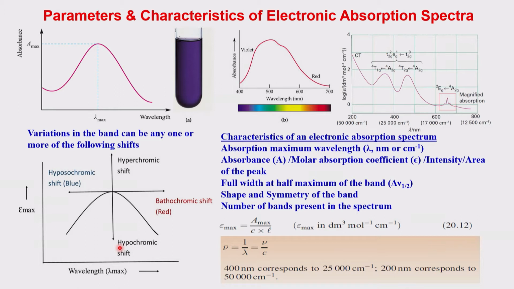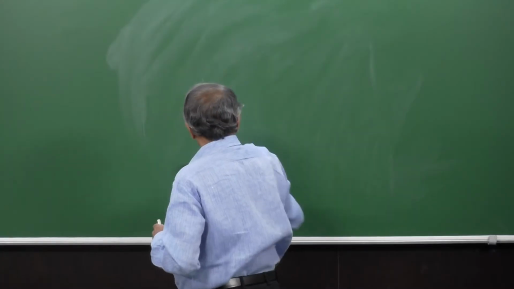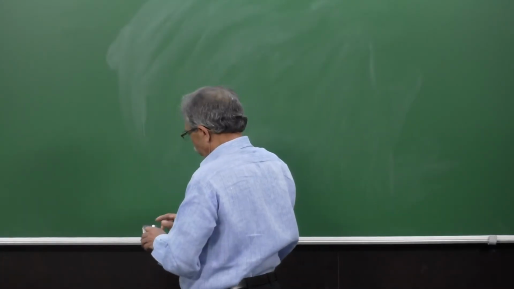Most often we forget all of these and remember only the peak position alone, and that is not sufficient when we are comparing one reaction with another, or one product with another.